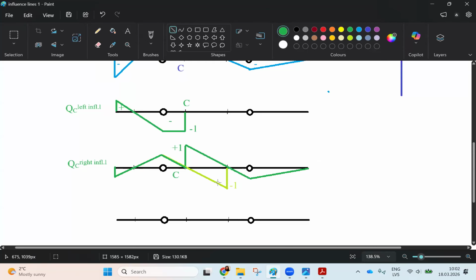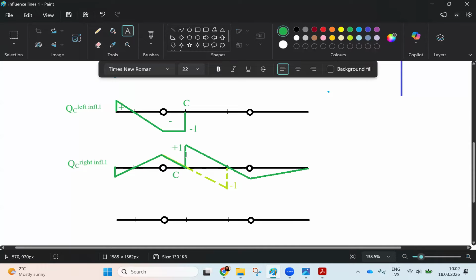That's it. This dash line is not the influence line itself, but a help line for the influence line. Upward is positive, downward is negative. This influence line for this beam is pretty complicated. It's a long one.